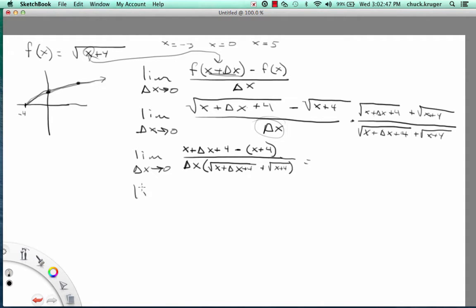And that's going to give me the limit as delta x approaches 0. And I'm going to have x plus delta x plus 4 minus x minus 4 all over delta x times this massive expression down here.